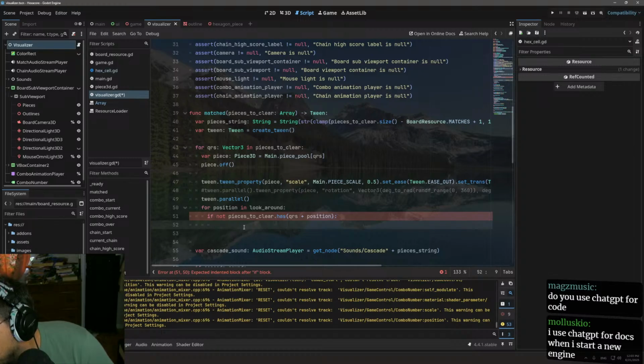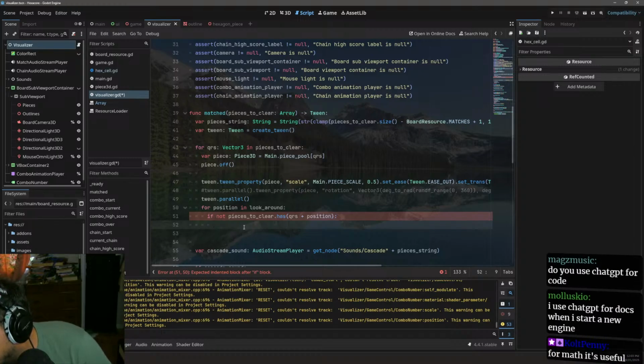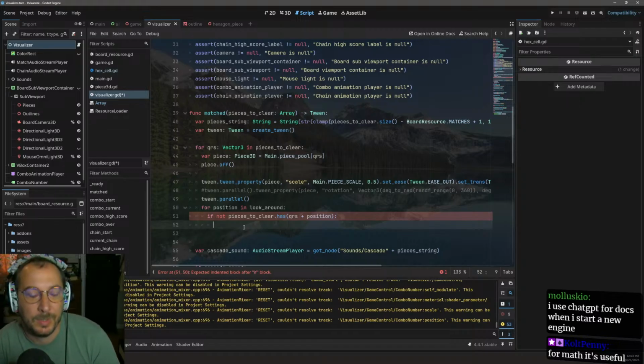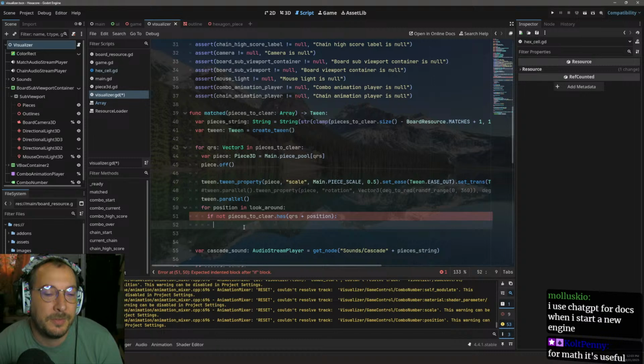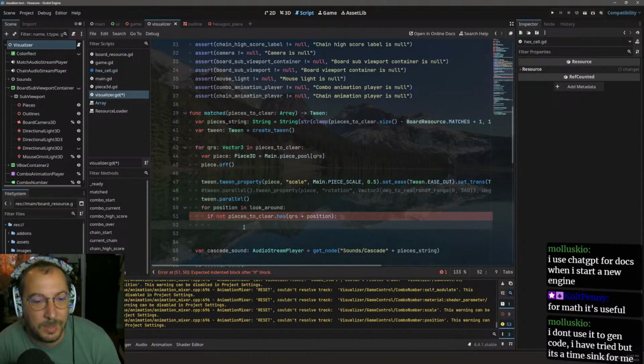I use ChatGPT for docs when I start a new engine. For math, it's useful. Yeah, I think for the whole explain it to me kind of thing, but I do think for applied learning, you kind of have to do. At a certain point, you can ask it.